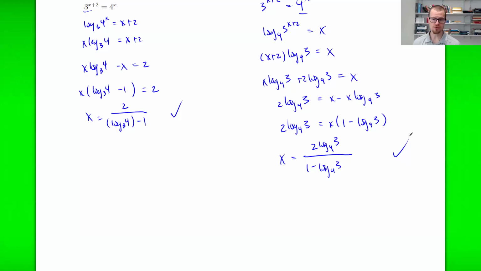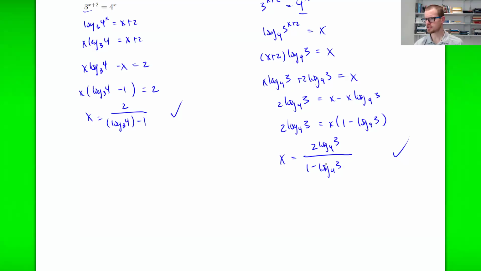Well, we could use the change of base formula. We could rewrite logarithm base 3 of 4 as logarithm base 3 of 4 divided by logarithm base 3 of 3. If we were to do that and then simplify, that would give us what we're looking for here.